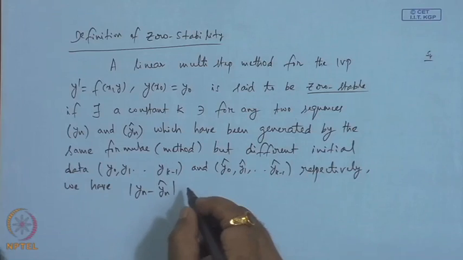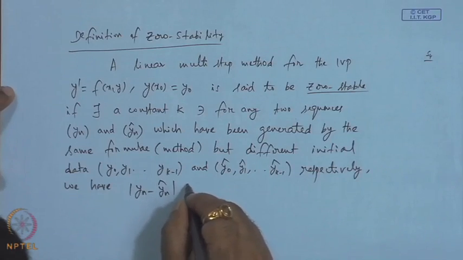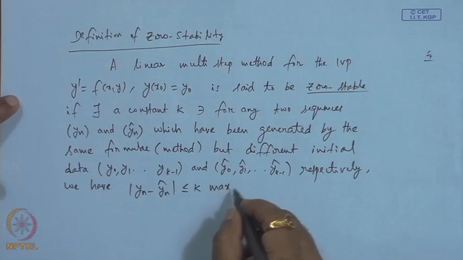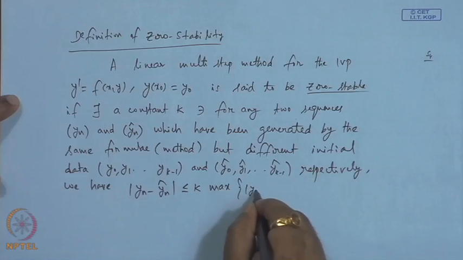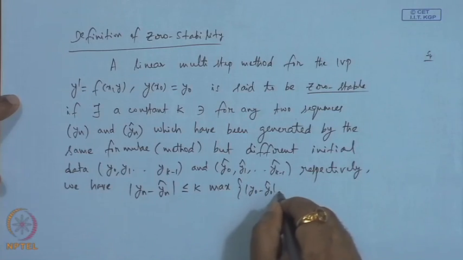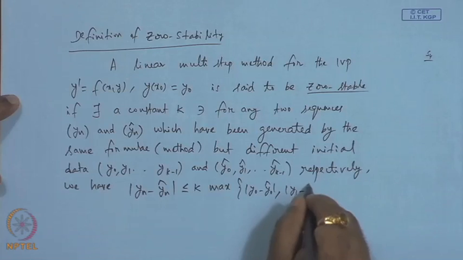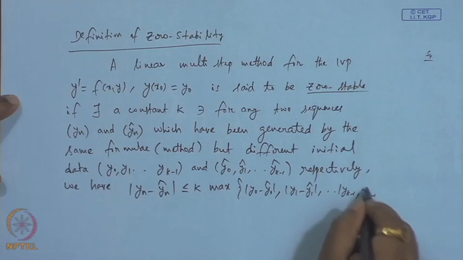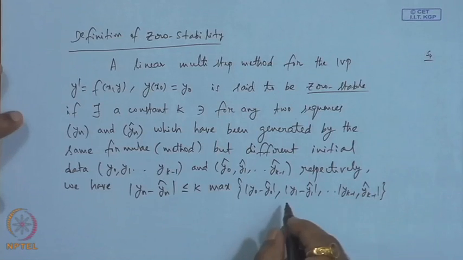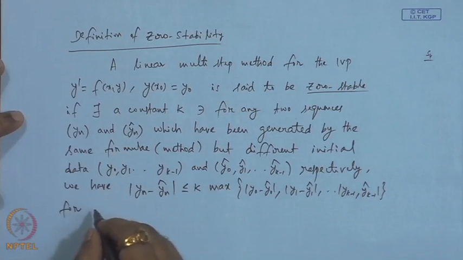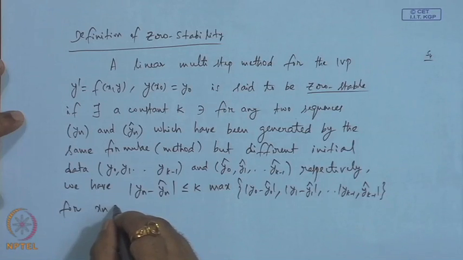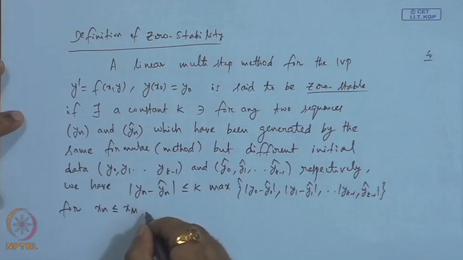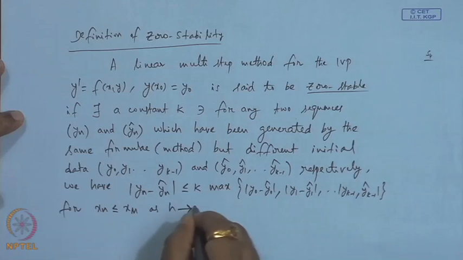How they are comparable, let us see. This difference is less than or equal to k times the max of the initial differences, for x n less than or equal to say some x m, as h goes to 0.